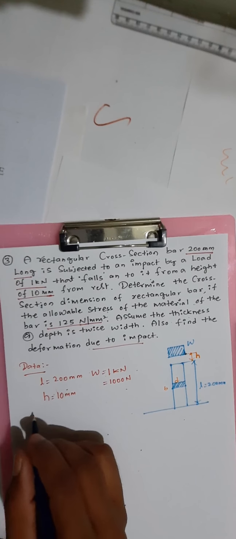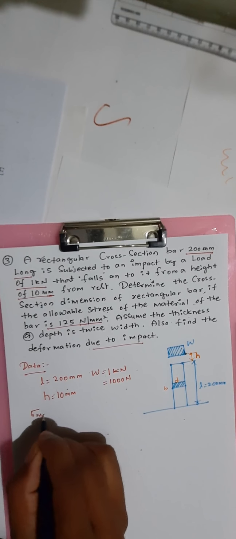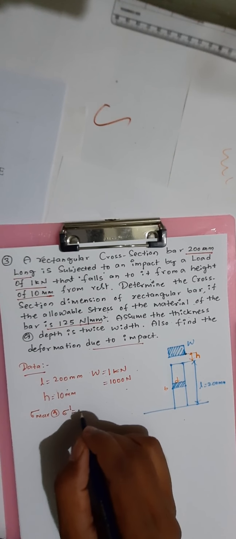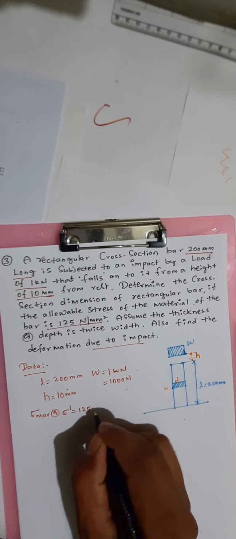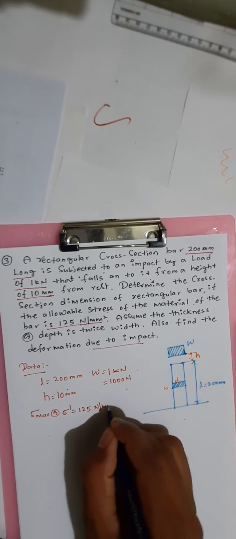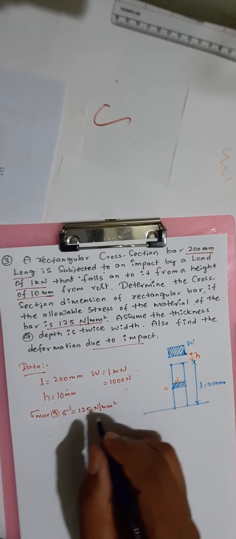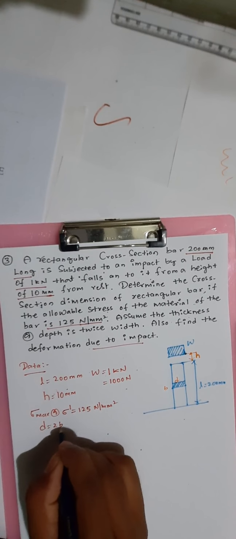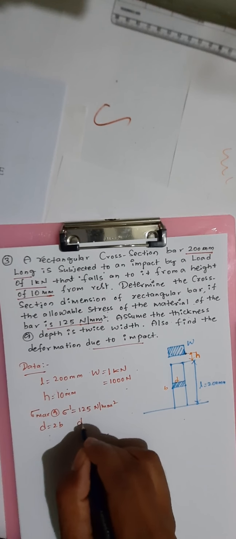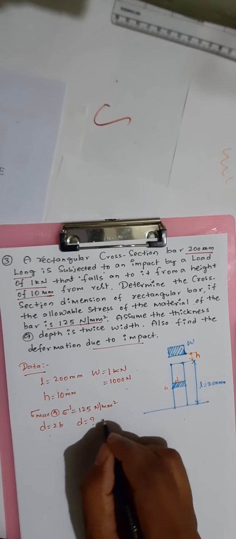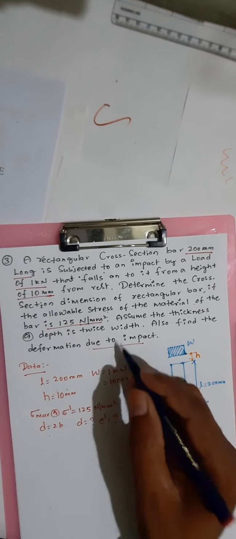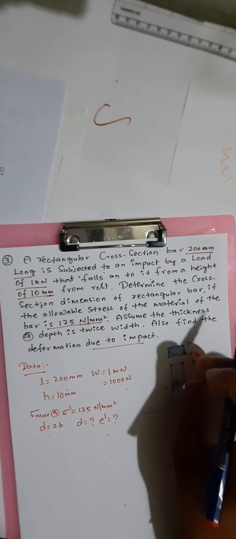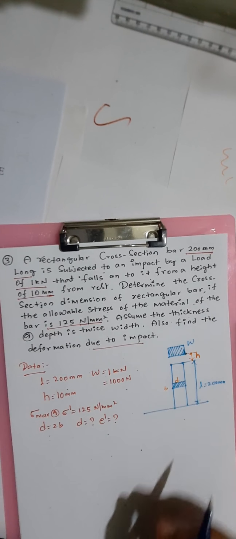Sigma max or sigma dash is equal to 125 Newton per mm square. And D is equal to twice that of B. Here D we need to find out, and also we need to find out the deformation due to the impact of this load.